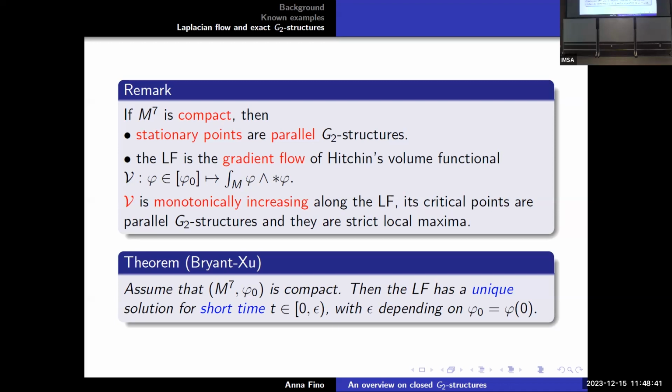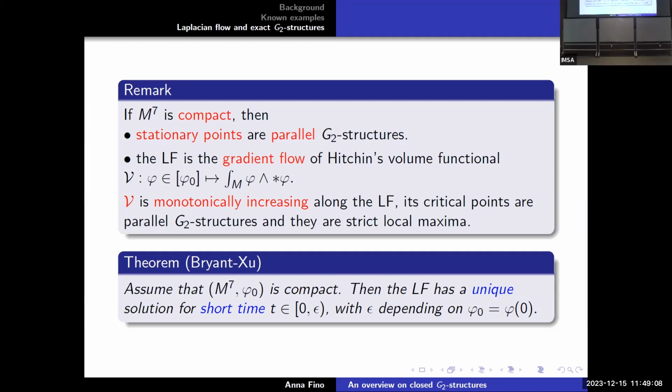Let's say essentially you take a 3-form in the cohomology class, which is non-degenerate, and you just take the volume. So you take the integral over it. That volume functional has the property to be monotonically increasing along the flow, and its critical points are parallel G2 structures.